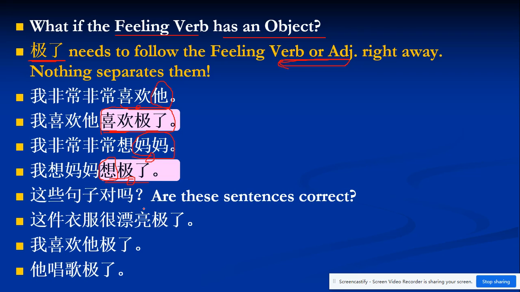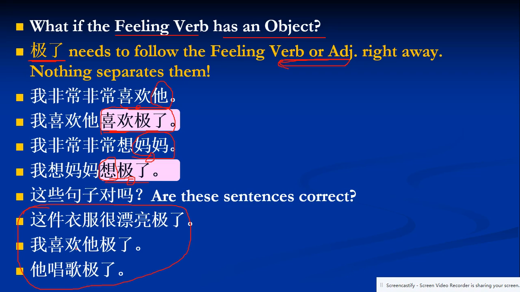So, these three sentences, are they correct? Can you try to read them and tell me whether they are correct? If they're not correct, how are you going to fix them? 这件衣服很漂亮极了.